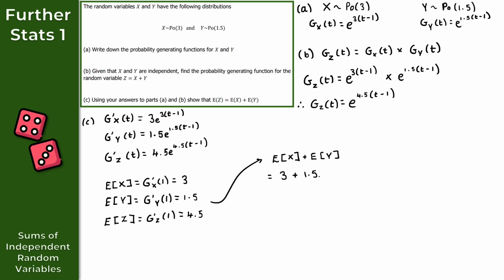So I get 3 plus 1.5, that gives me 4.5 there, which if we notice is equal to the expectation of z, as required.